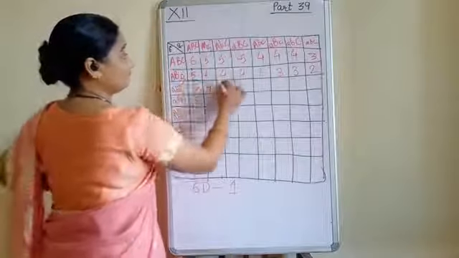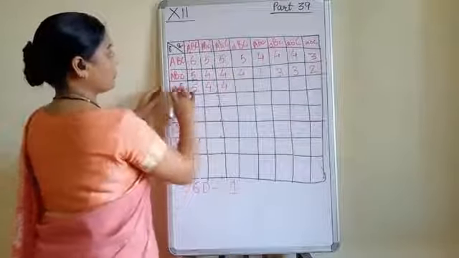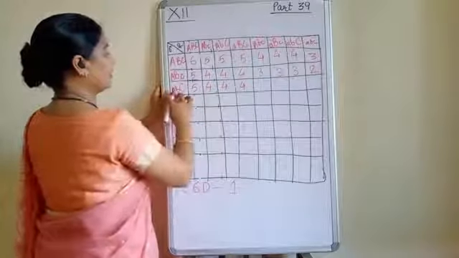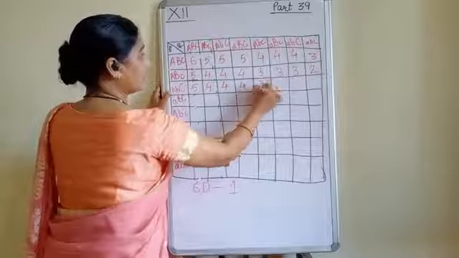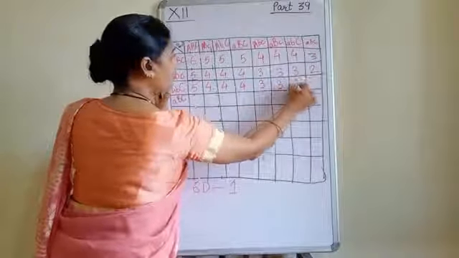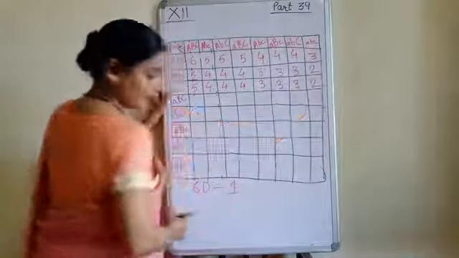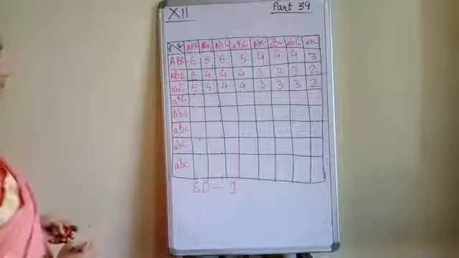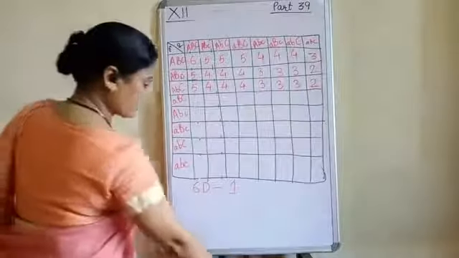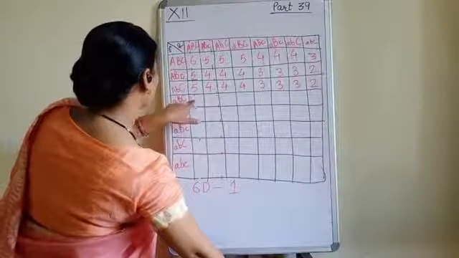Again you see 1, 2, 3, 4. 1, 2, 3, 4. 1, 2, 3, 4. Okay. Then 1, 2 and 3. 2 and 3, 2 and 3 and here only 2 dominant. Okay. 1, 2, 3. Now come for 4.